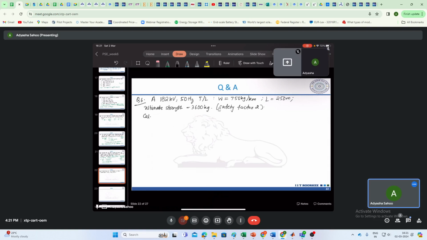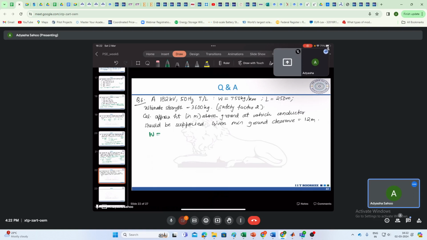So calculate approx height in meter above ground at which conductor should be supported, given minimum ground clearance is 12 meter.